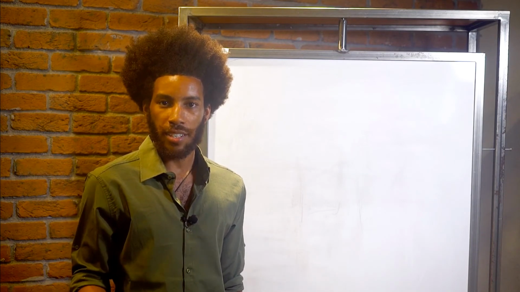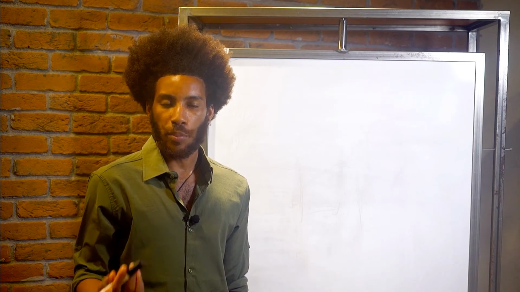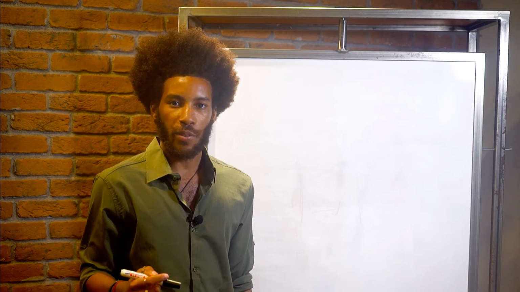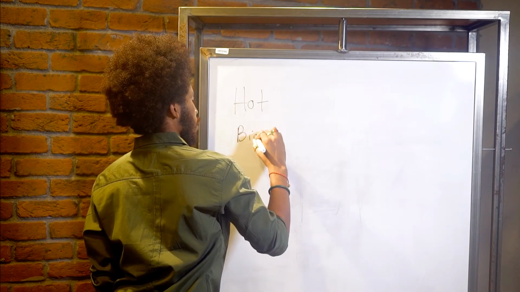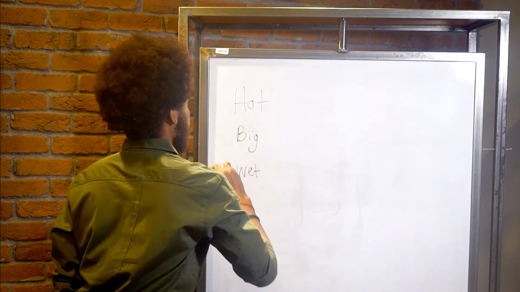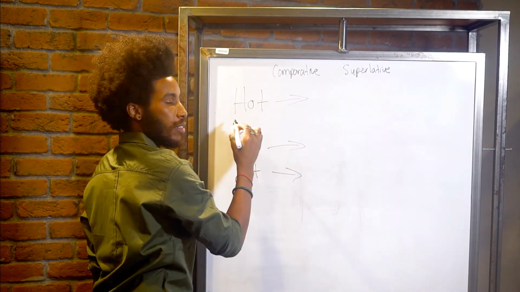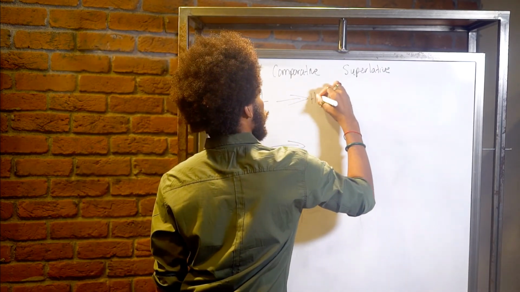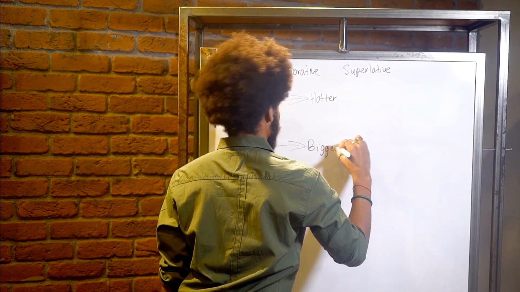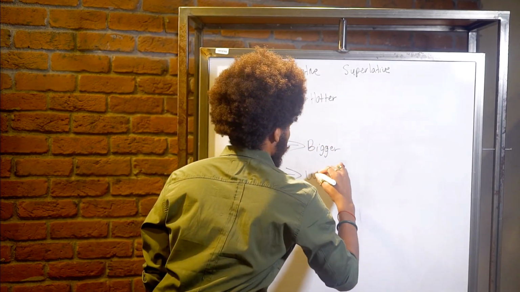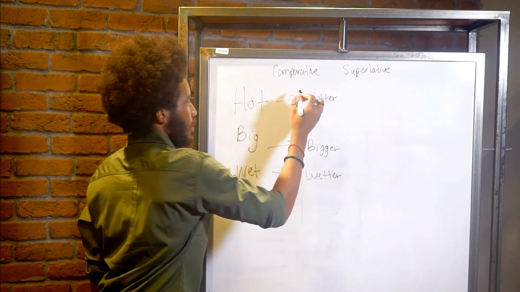If there is a one-syllable word ending in a consonant preceded by a vowel, then you must double the consonant to create the superlative or comparative version. Here are a few examples. Hot, big, wet. Hot becomes hotter. Big becomes bigger. And wet becomes wetter for the comparative version.